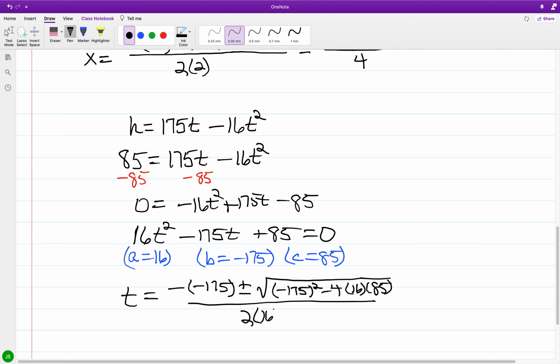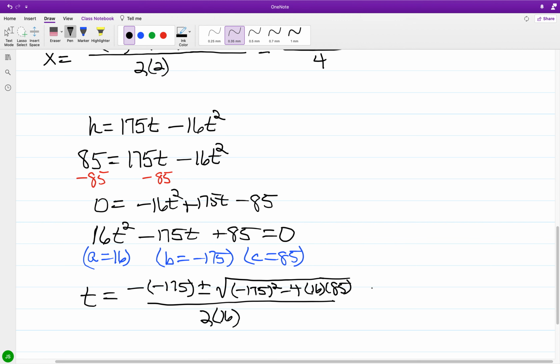After we fill in the values, we have positive 175 plus or minus the square root of negative 175 squared minus 4 times 16 times 85. For the difference, we have the square root of 25,185. So we have 175 plus or minus the square root of 25,185, all over 32.